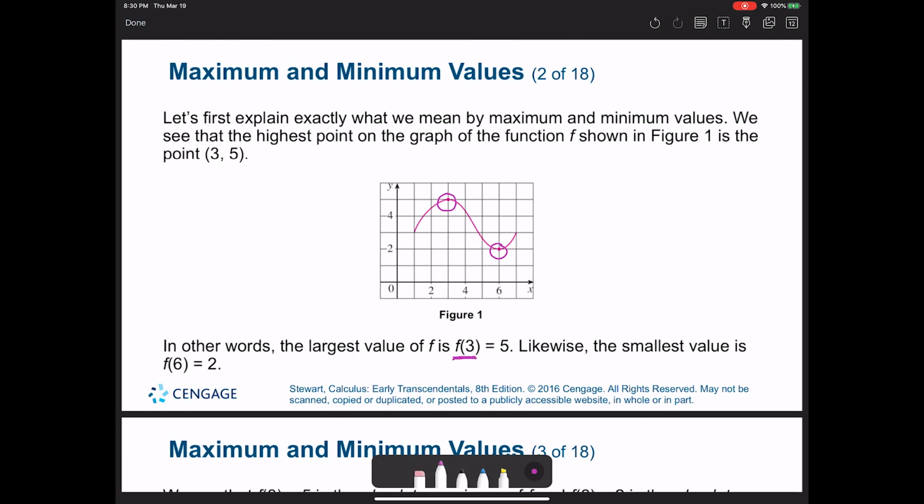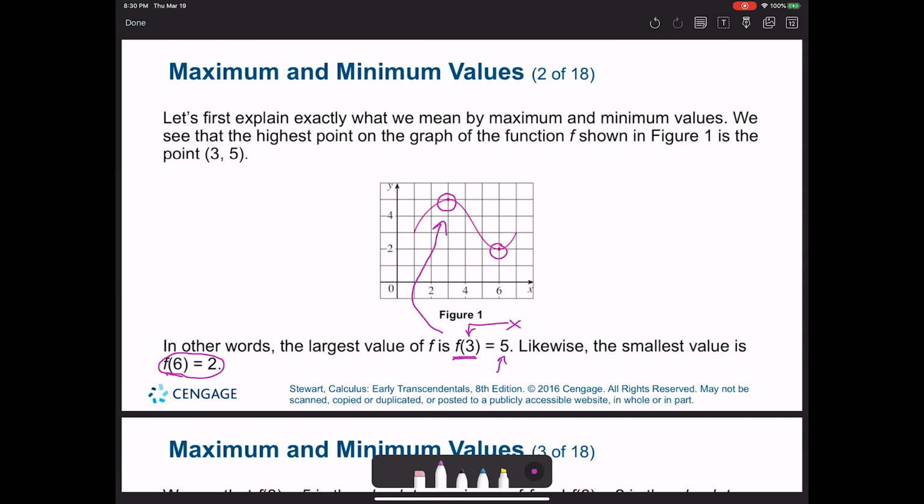So here we're saying that there's a y value of 5, and that y value happens when your x value is 3. Of course, if we look up at the graph, we can see that happening. There's the point (3, 5). Likewise, the smallest value is f of 6 equals 2. The smallest value is 2.